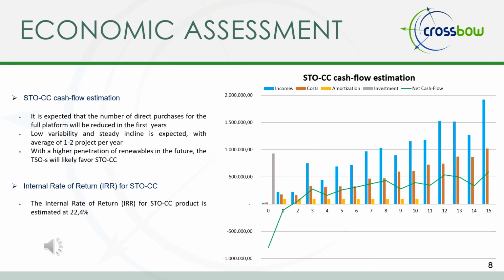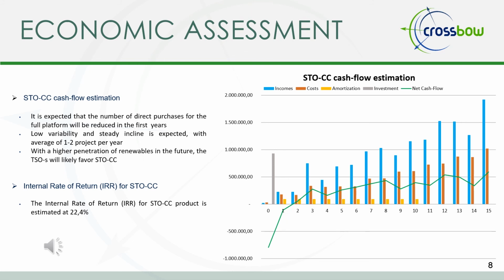If we take a closer look at the chart, we can see that after the initial year, which is accompanied by high initial costs, the number of direct purchases for the full platform is expected to be reduced in the first years of the cash flow, but we can also see that we will have low variability and a steady incline in the later years, and we will average at 1 to 2 projects per year.